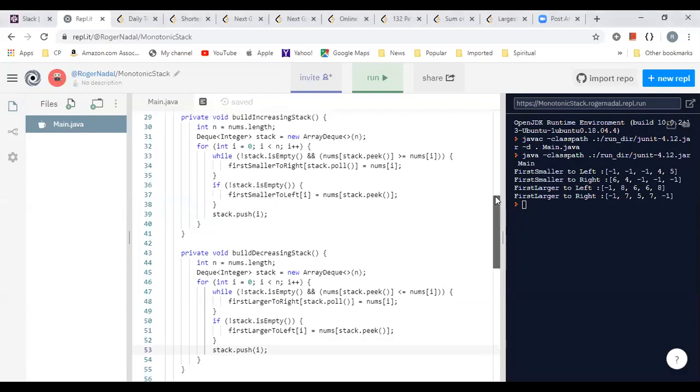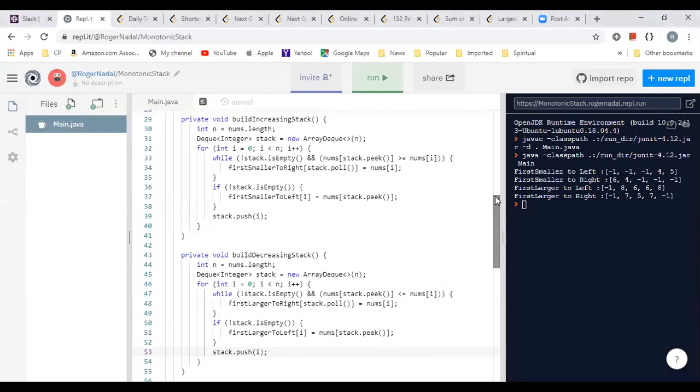From this function, we are able to figure out the first smaller to the left and first smaller to the right. If we use the same code and traverse the numbers from right to left, and use the same logic, building the increasing stack, can we figure out the first larger to the left and first larger to the right?